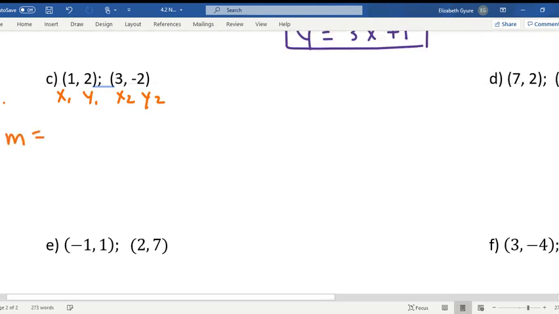So m equals, what should I do on top if I want to subtract my y's? -2 minus 2. Good. y2 minus y1 is -2 minus 2. What about on the bottom with my x's? 3 minus 1. Good.